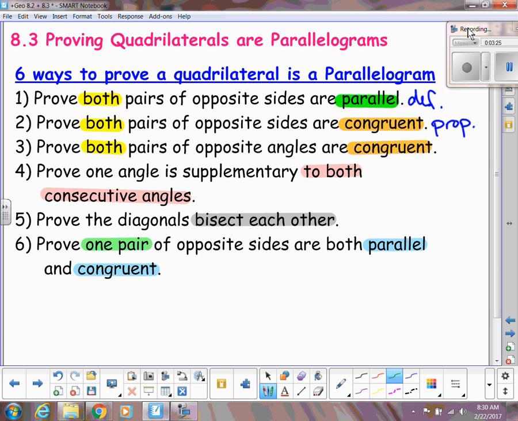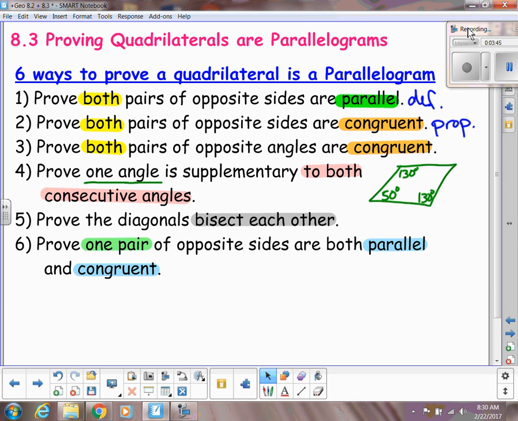And then the consecutive angles, here's how we can do that. All we have to do is show that one angle is supplementary to both consecutive angles. So if I have a quadrilateral and I know that this is 50 degrees, if I can show that this is 130 and this is 130, then I've shown that the consecutive angles are supplementary. So that's another way to show that it's a parallelogram.